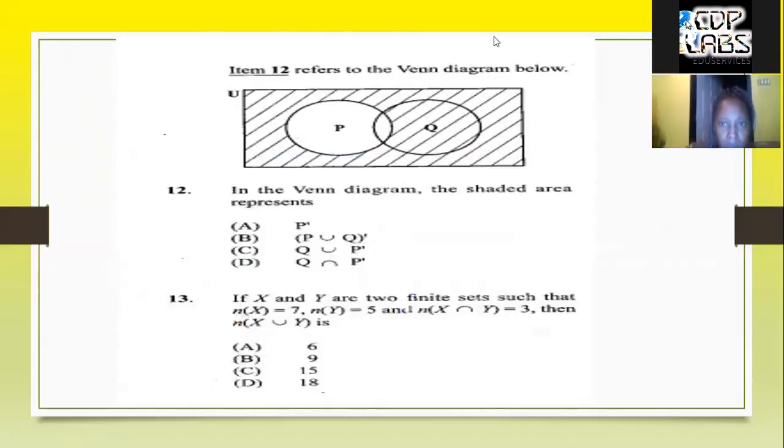The shaded area represents: A, B complement, B union Q complement, P union Q complement, P union P complement, P intersect Q complement. What's the answer you get?